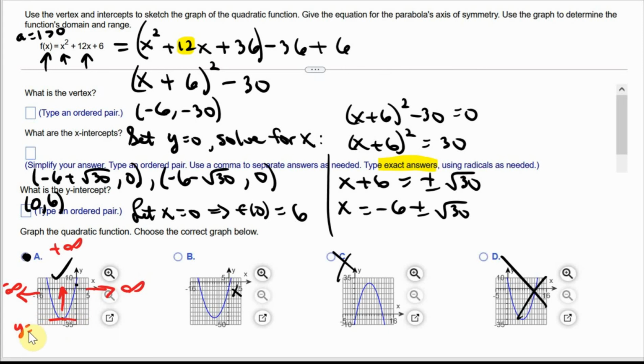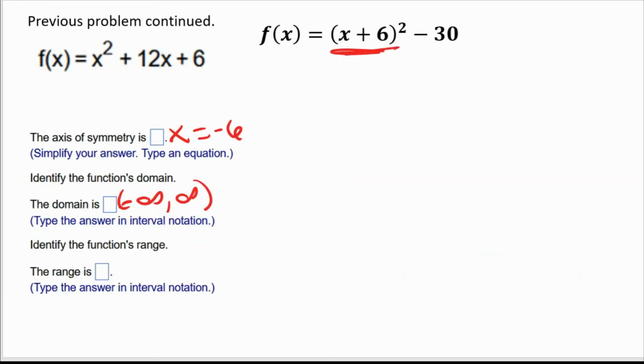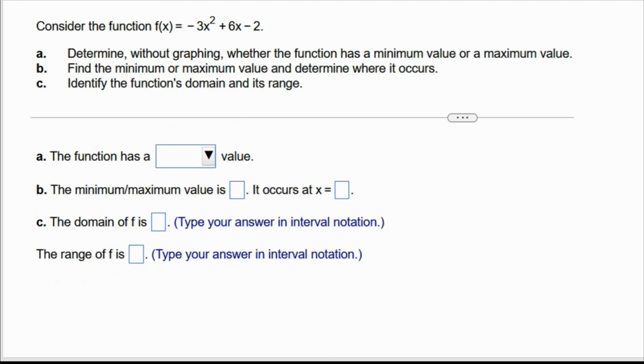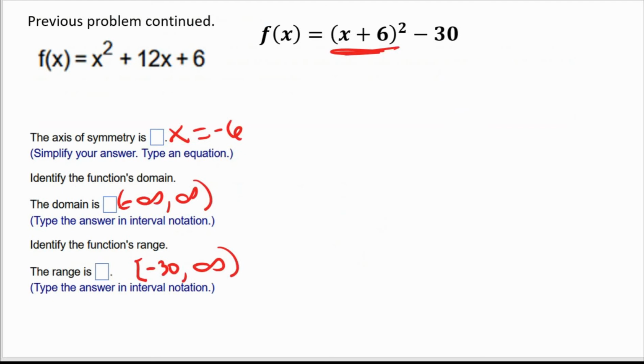And that was y equal to negative 30. So we got that from the vertex, right? So this is going from the lowest value, negative 30, all the way up to positive infinity. Always for the domain and range, we always go from least to greatest, from left to right. Do we get everything there? I believe so.